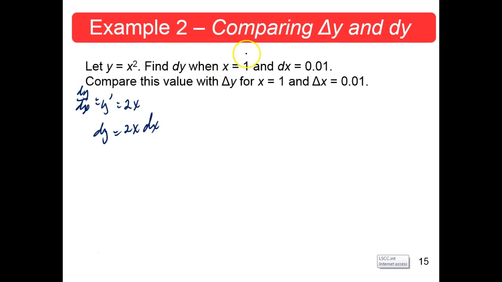When x is equal to 1 and dx is equal to 0.01, your dy would then be 2 times x's 1 times 0.01. That's your dx. It really should be a delta x, but they're calling it your dx. Okay? So this will be your dy is equal to what?